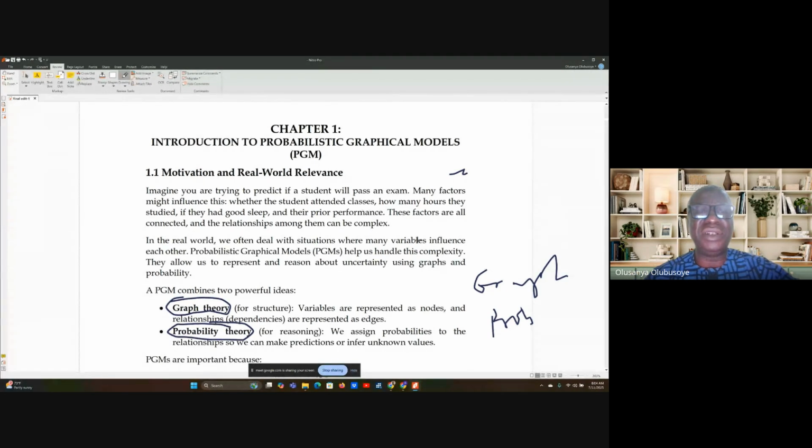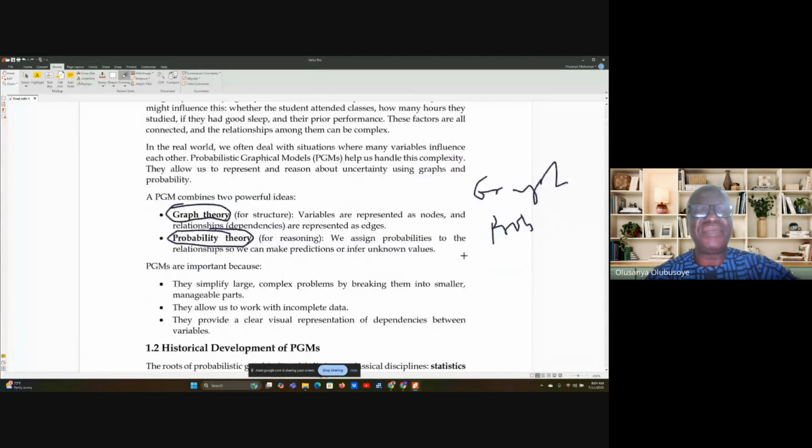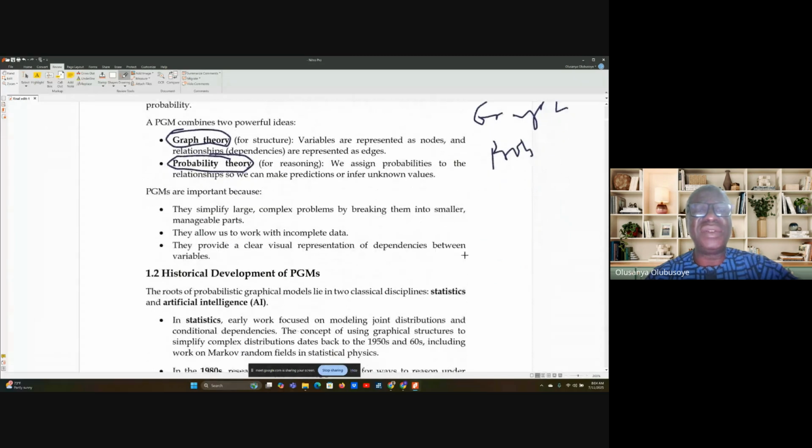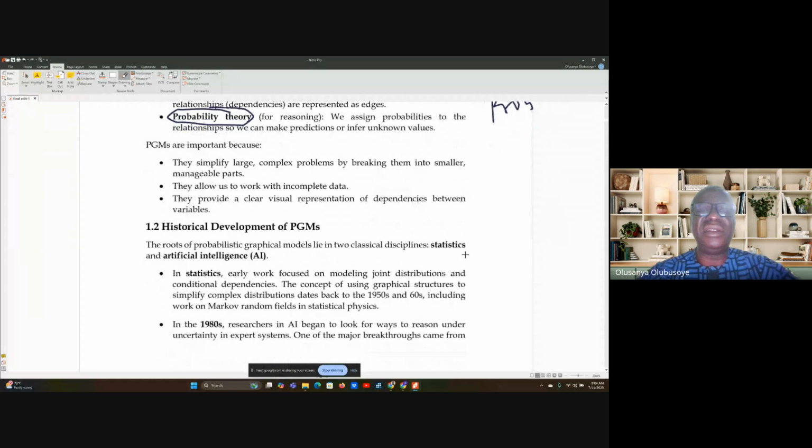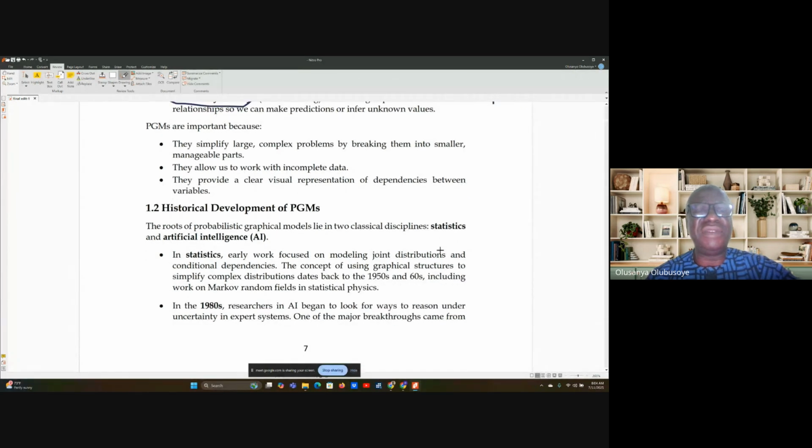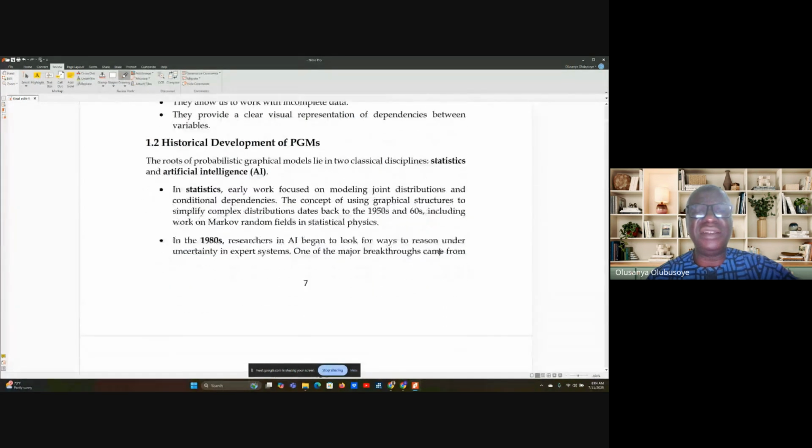We talked about the two combinations of PGM, basically graph theory and probability theory. And we looked at the historical development of the PGMs, the foundation, and then the role of artificial intelligence.